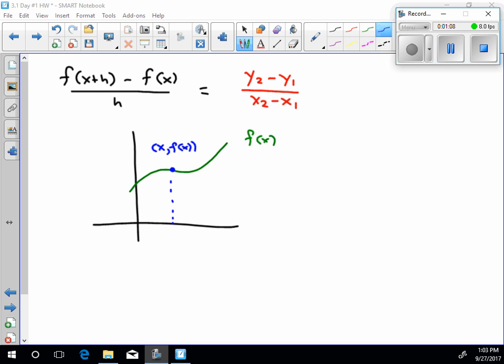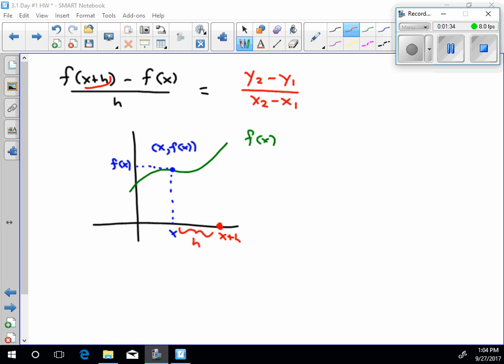Okay, so here's x. You're used to seeing y or something like that. I'm just going to call it f of x. It's just the output. And then I'm going to move over h units. I'm going to add h to x. So what would this point here be? X plus h.